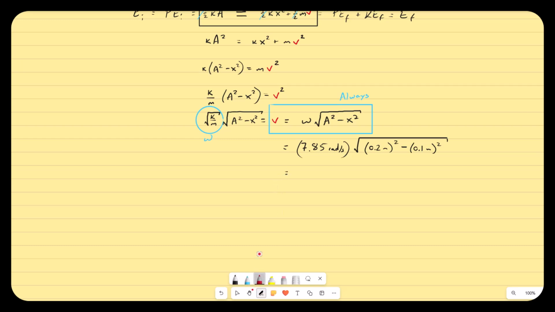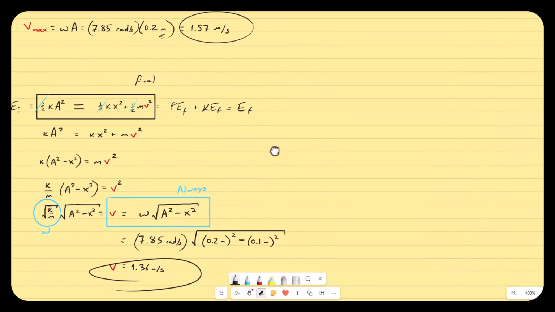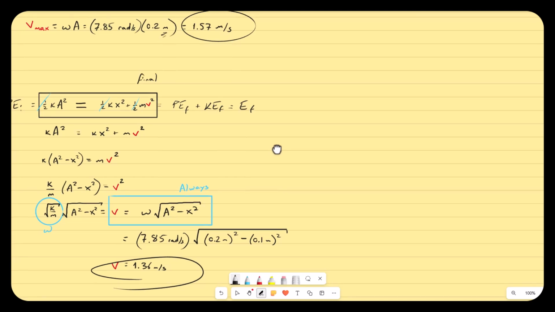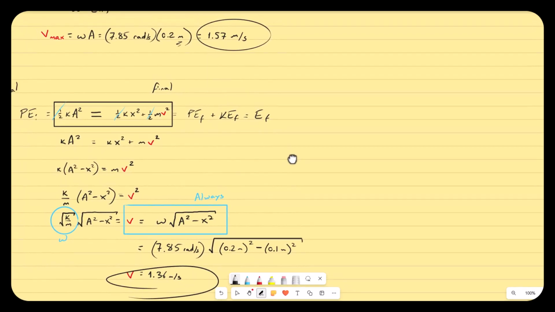And when I do all that, I get a speed that is 1.36 meters per second. It is a smaller speed than I had through equilibrium, which is good, it has to be, but I've picked up most of my speed already by the time I get to this location.